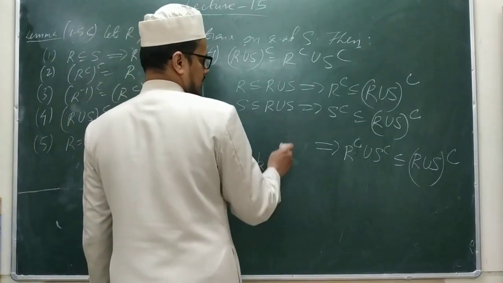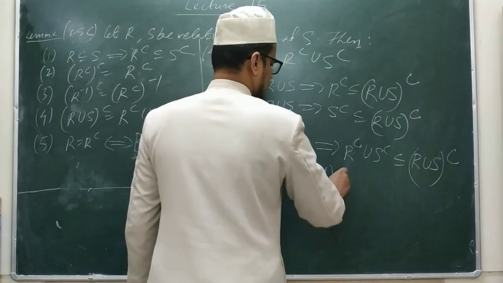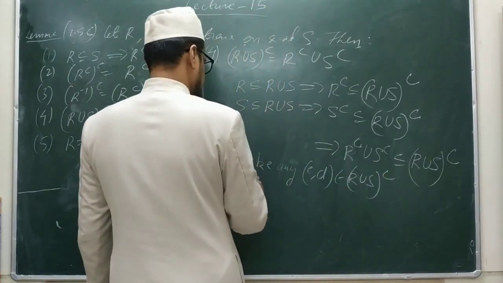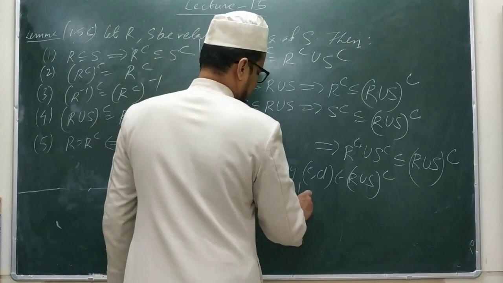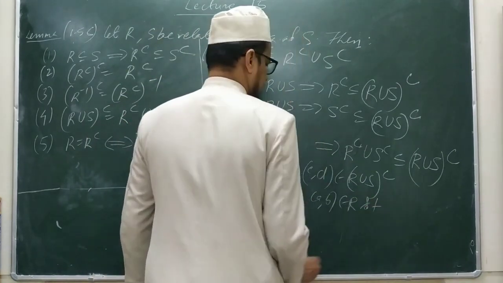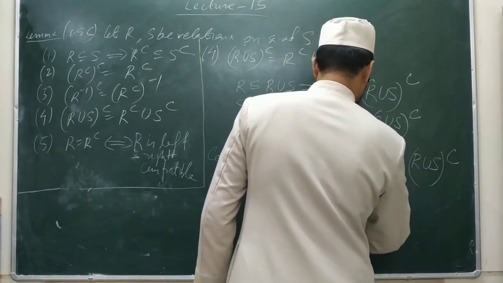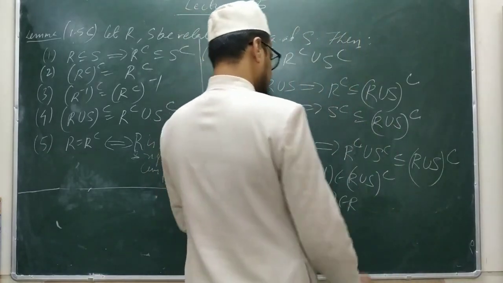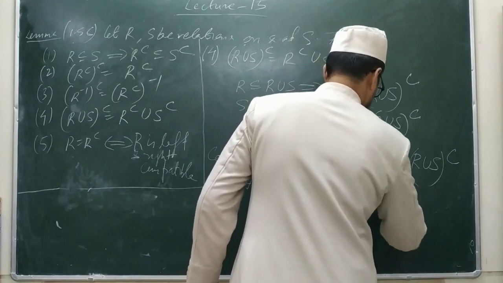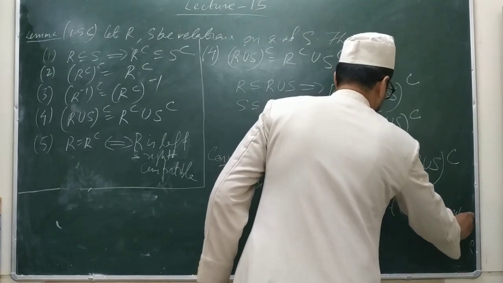take any C, D belongs to (R union S)^C. It implies that there exists X, Y belonging to S1, A, B belongs to R union S, such that C is equal to XAY and D is equal to XBY.